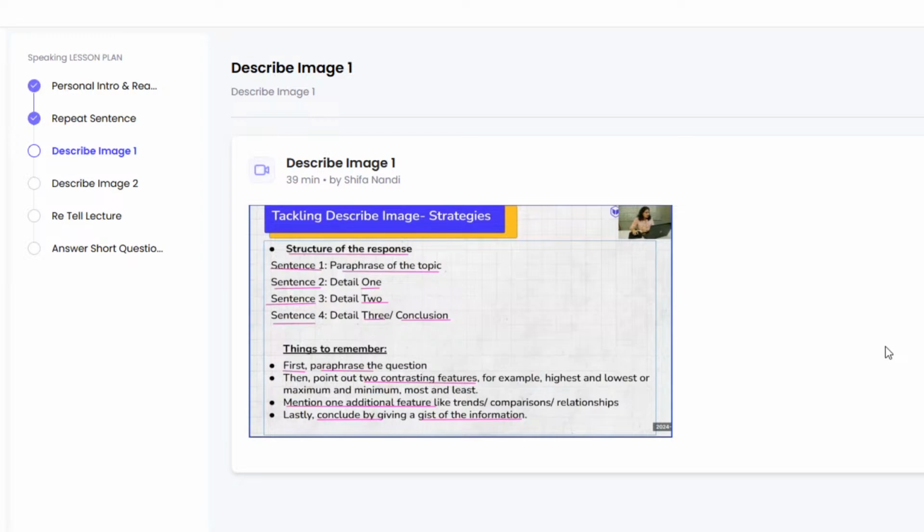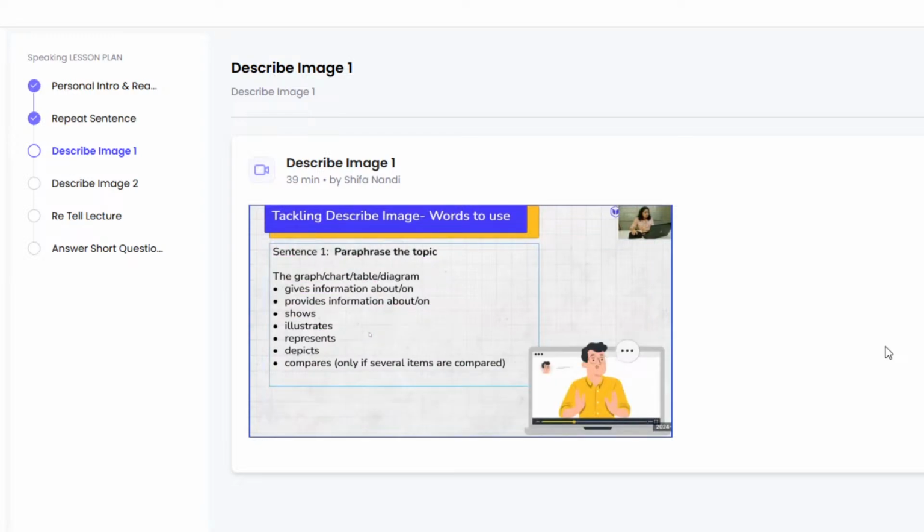Let's move ahead and we are going to understand how to paraphrase the topic, what all words to use, what vocabulary to put into use while paraphrasing the topic. So I'm going to exactly guide you on how to phrase out your response. The first sentence is a paraphrase of the question.